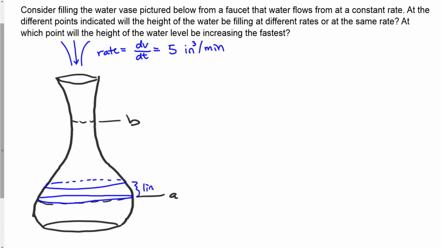If we look at point B, the amount of time it's going to take to fill up a 1-inch slab of water here is going to be a lot less time, because the amount of volume required to fill that inch is much less than at point A. So the rate at which the height of the water is increasing changes with respect to the shape of the bottle, even though the rate at which it's entering the bottle is the same.